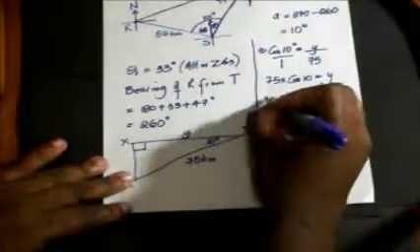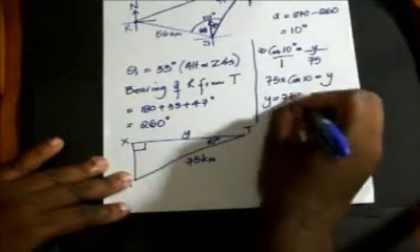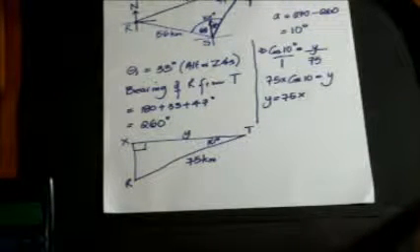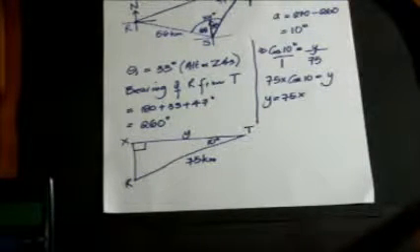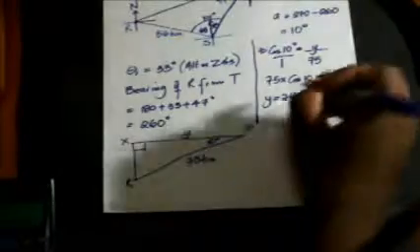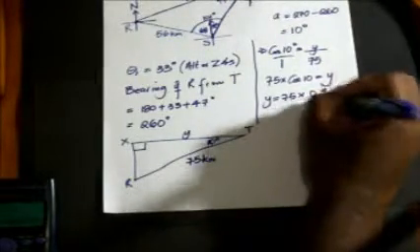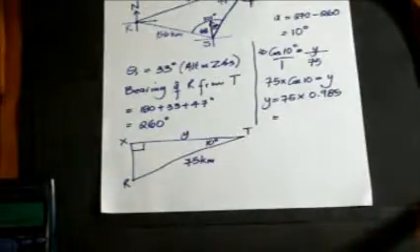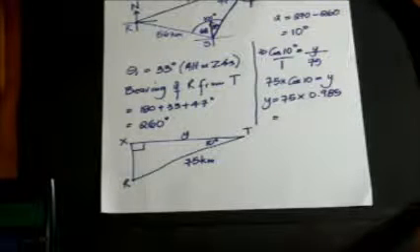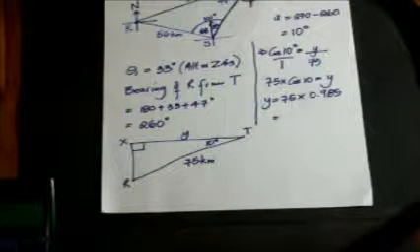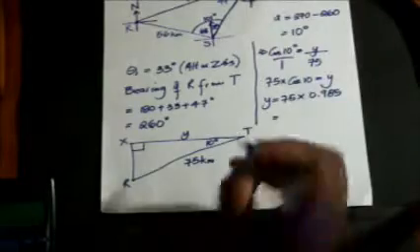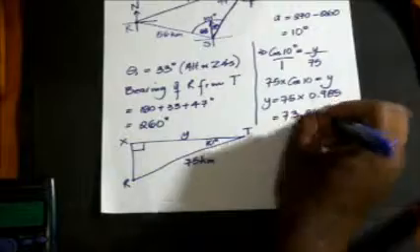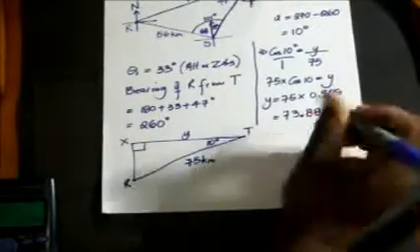It means that y is equal to 75 times the cosine of 10, which is equal to 0.985. So y is equal to 73.88, and that is in kilometers.